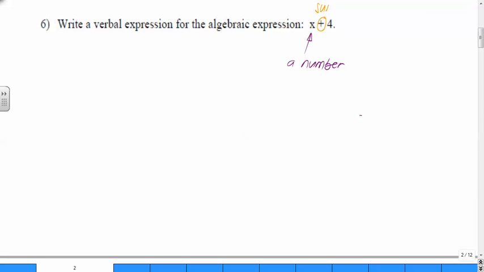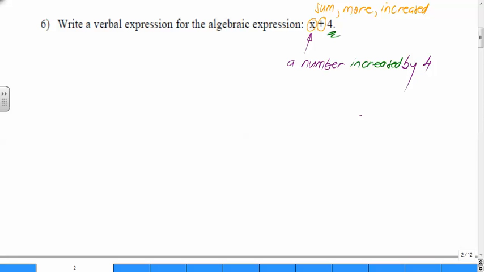We can have some, we can have more, right? You can have increased, and many other words. Let's use increased, right? So I have x, a number, increased by what? By 4. You got it. By 4. And here we are.